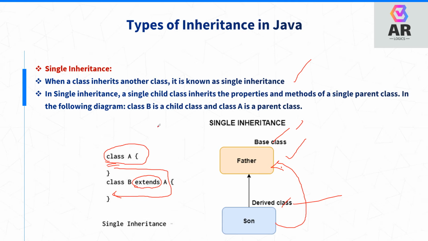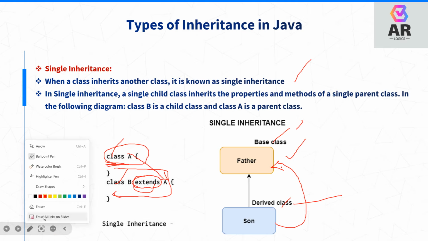Following the diagram, you can see how to implement single inheritance: class A and class B, two classes we are declaring here. All the fields and methods can be used in the child using the extends keyword and the class name. I can explain how to use it.